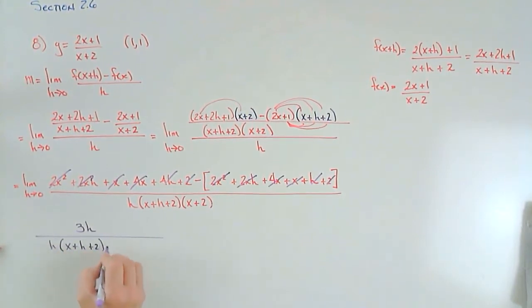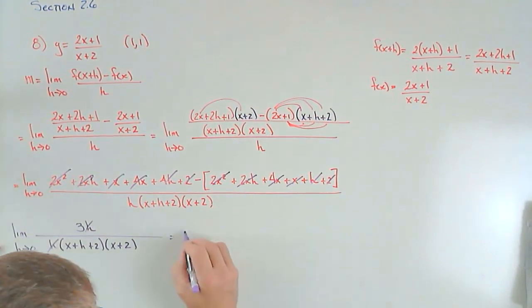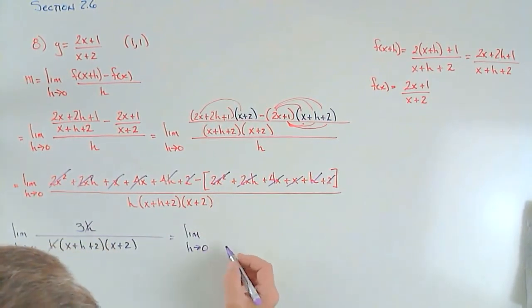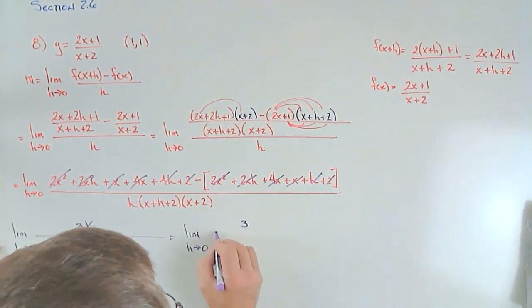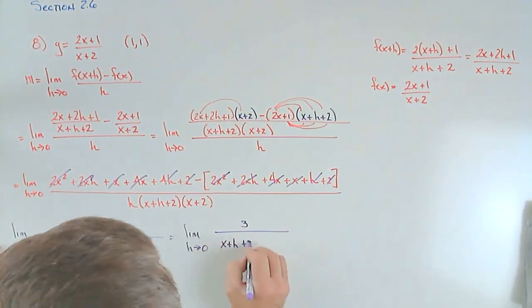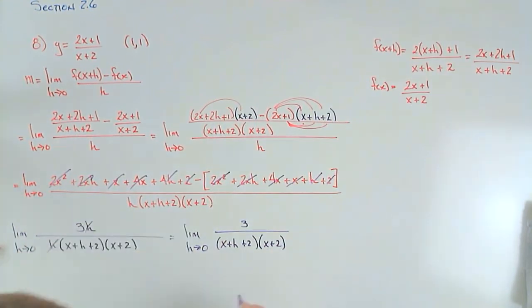Remember, we don't multiply denominators together in a calculus class, generally. This h cancels this h. That's always going to happen if we've done our algebra correctly. And we're left with the limit as h goes to 0 of 3 divided by x plus h plus 2 times x plus 2.